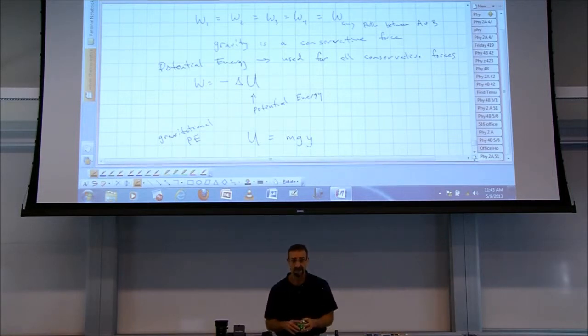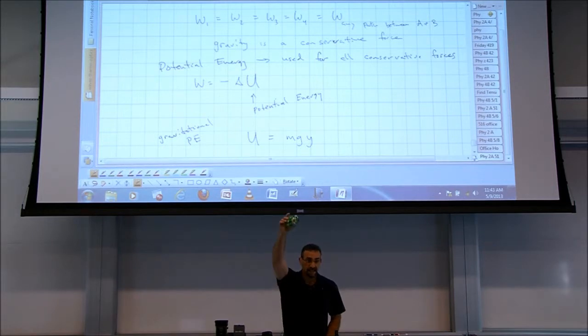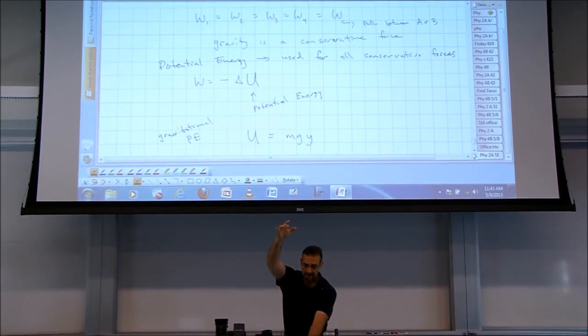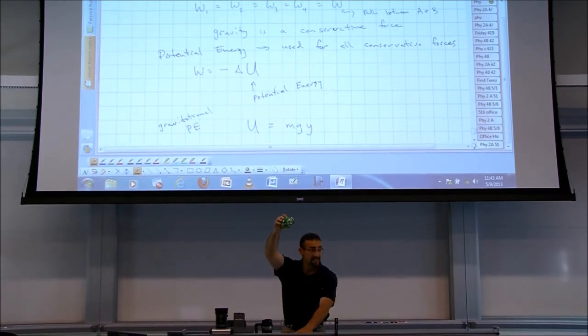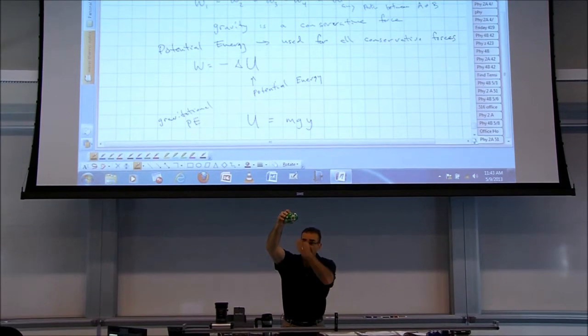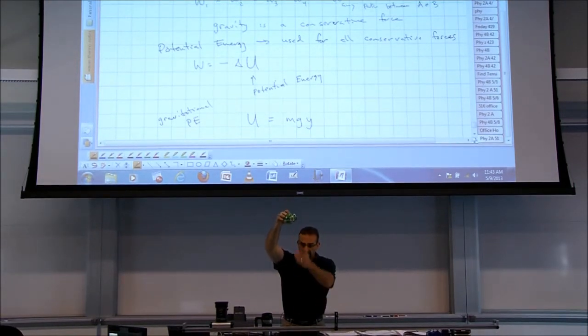In other words, if I wanted to use potential energy to figure out how fast this thing's moving when it hits the desk, I'm going to let go of this, right? And it's going to hit the desk. Maybe I said the desk is 0 height, and it starts out 1 meter above that. Maybe you said the floor is 0 height, and it starts out at 2 meters.